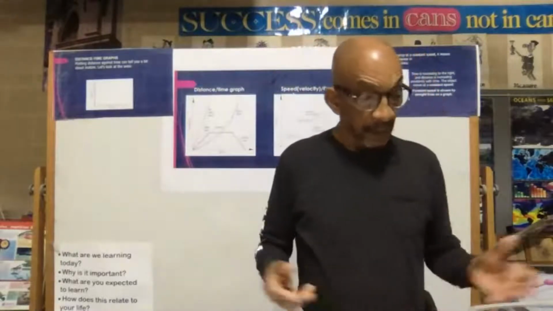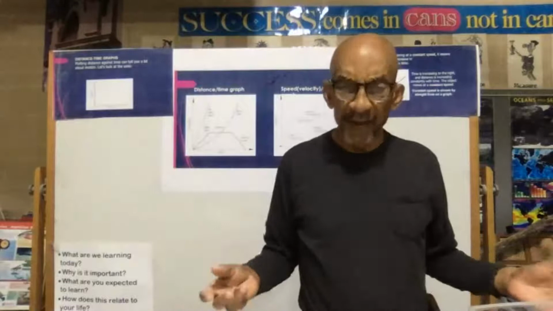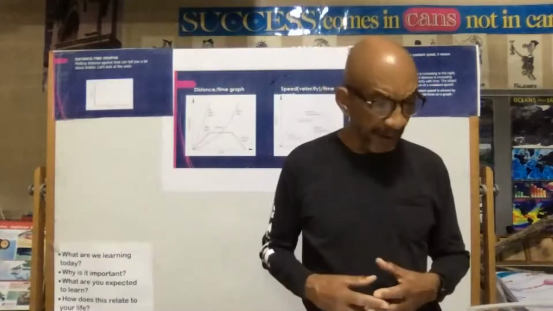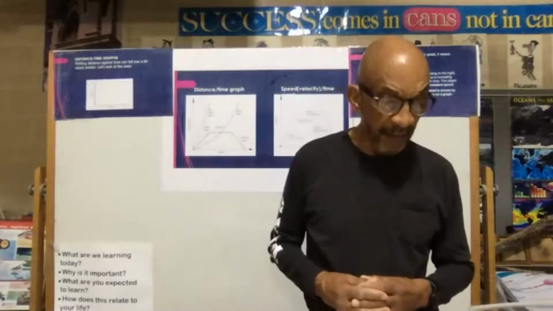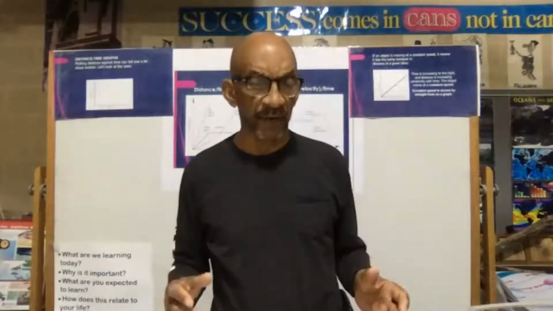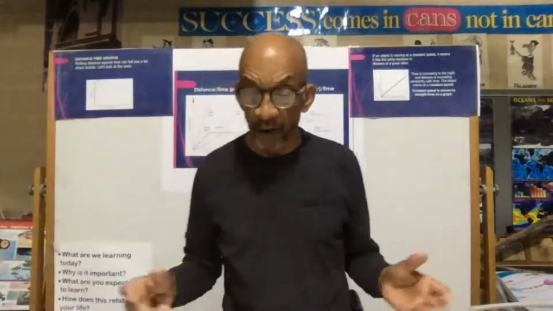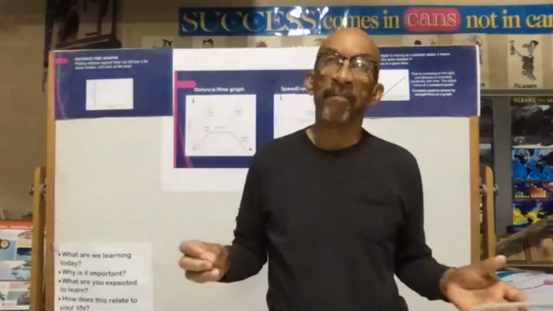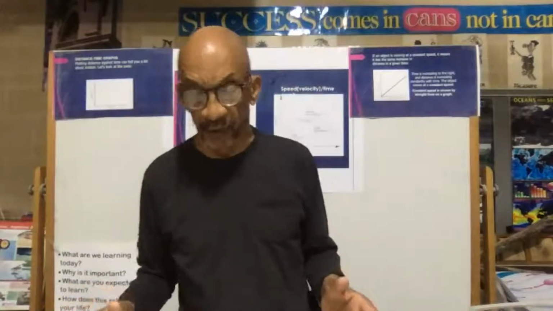There are major organs in our body that have to be maintained at a temperature of 37 degrees Celsius or somewhere around 98.6 degrees Fahrenheit. That's the normal temperature that we should all have.